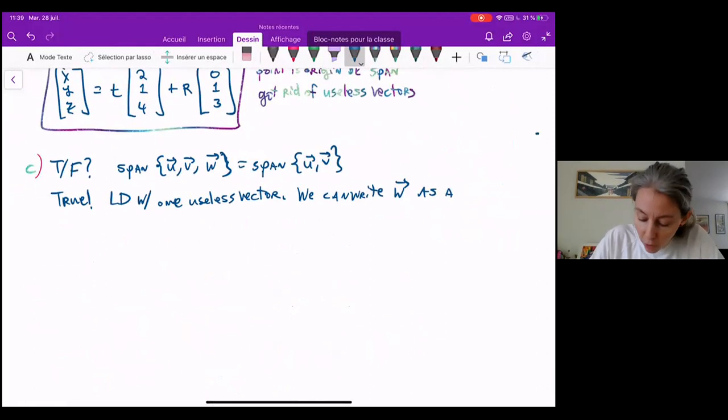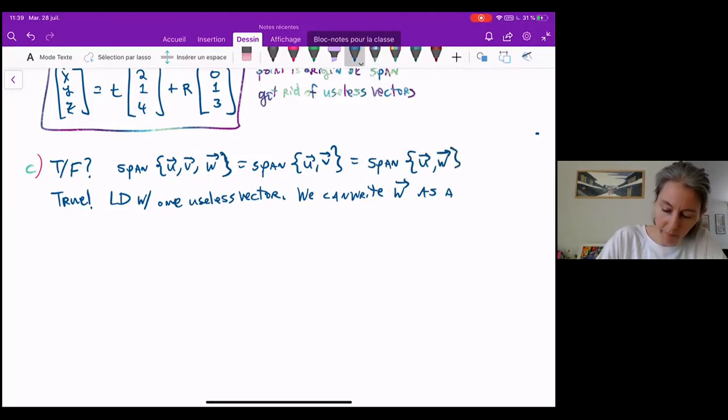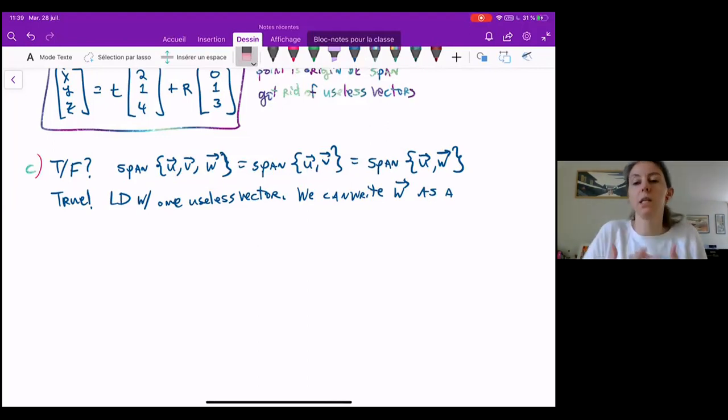Yeah, so like I could also say that this is true. Right? Like we only need two vectors to cover the space. So in other words, W is in the span of U and V because I can write it as a linear combination of those things. U is in the span of V and W. V is in the span of U and W. It doesn't matter. Like the vectors are all in the space.